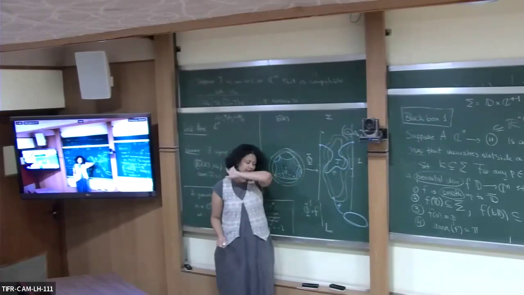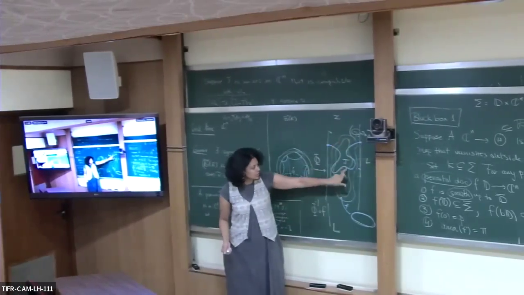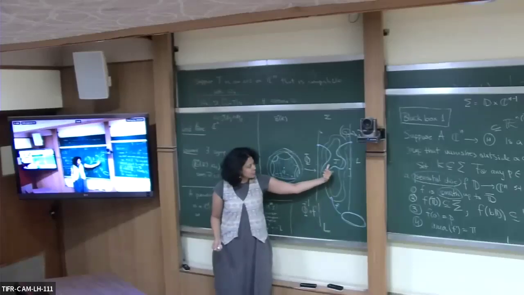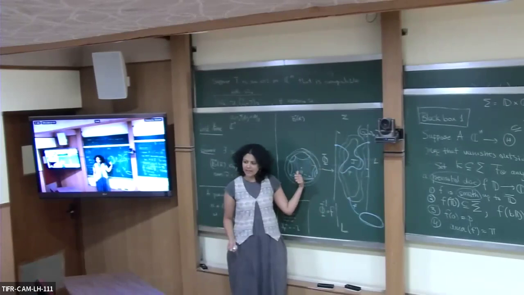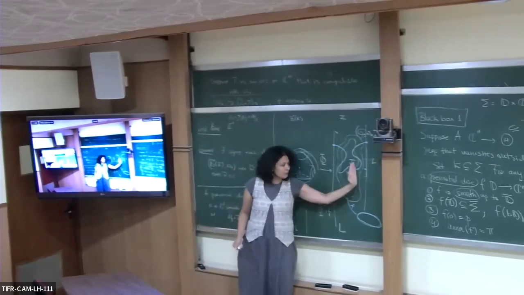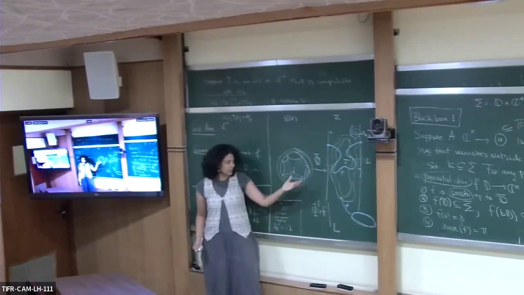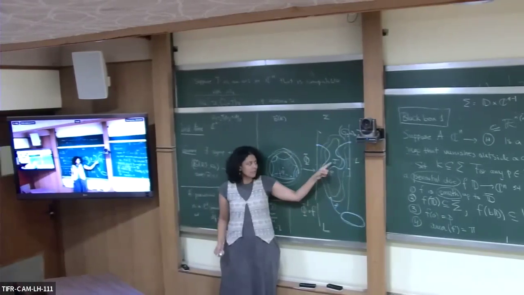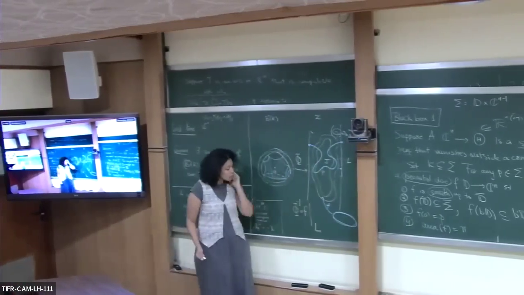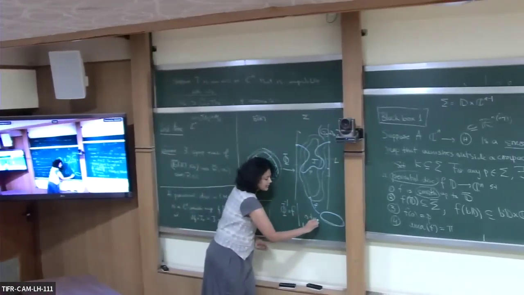Outside capital L, we have no idea what's happening. J was the pushed forward structure on capital L, which means if I push it back, I'm going to get the old structure J naught. J is obtained by pushing J naught forward, so if I push J back, I'm going to get J naught, simply. But that happens only on the yellow piece, because outside the yellow piece, we have messed up J, so we don't know. On the yellow piece, this is truly holomorphic in the classical sense.